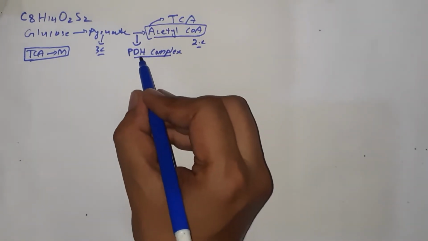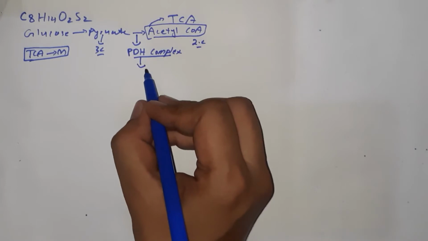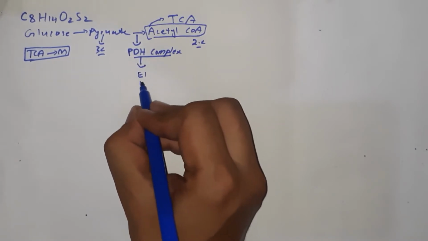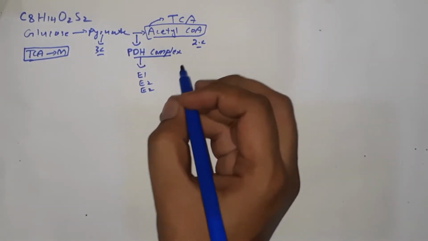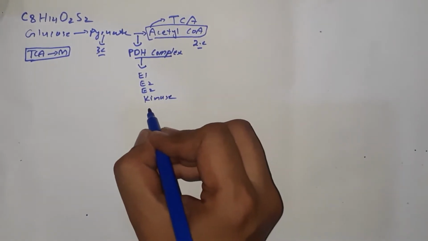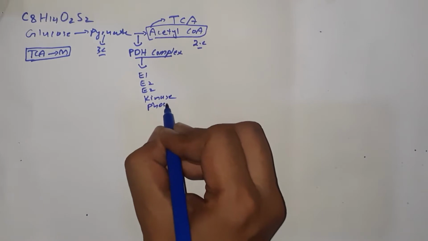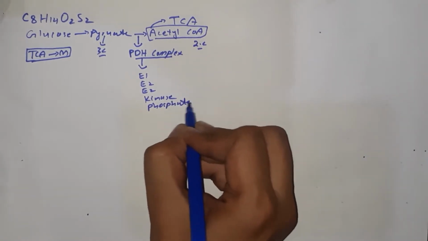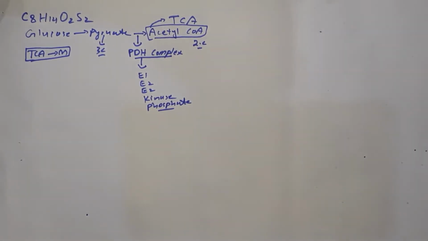What does this PDH complex comprise? It has basically 5 enzymes: E1, E2, E3, and one is a kinase, PDH kinase, and one is PDH phosphatase. So it is a complex of 5 enzymes which perform their respective catalytic activity.